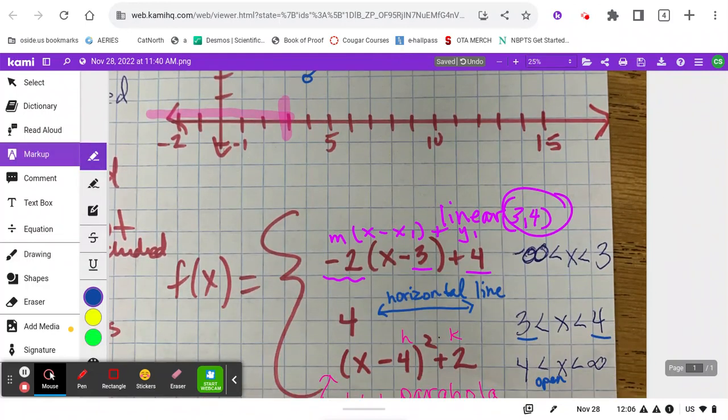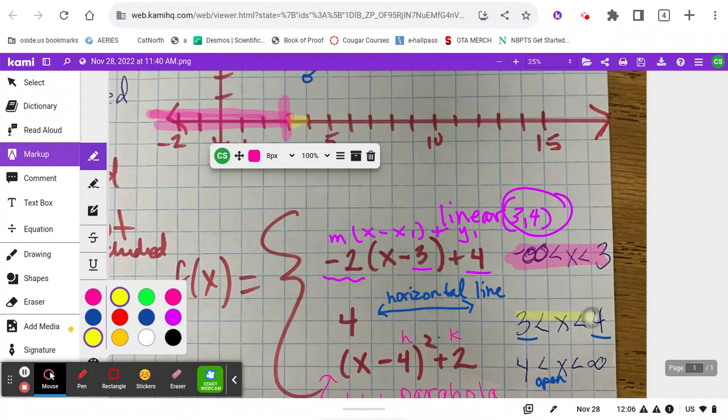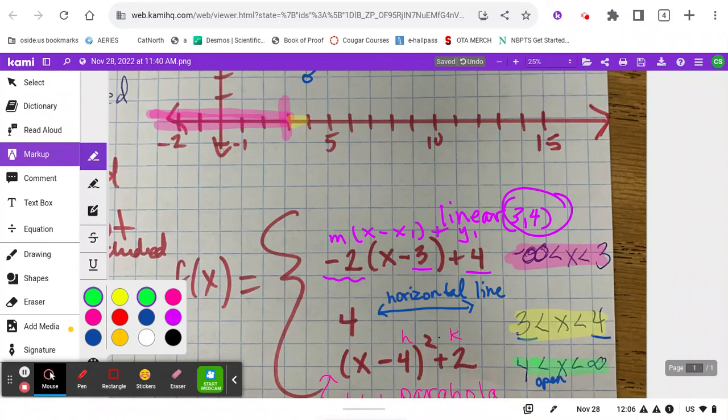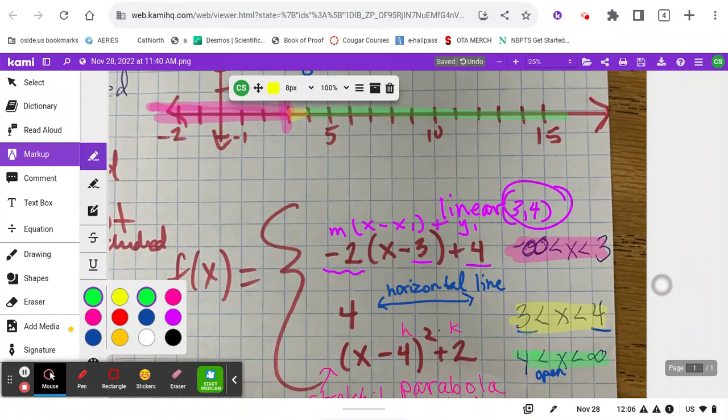This domain was from negative infinity to 3. It's already marked on the graph right here. This domain only went from 3 to 4, so that little tiny piece of the graph. And the last domain goes from 4 to infinity on this part of the graph. Now let's go look at the dot here.